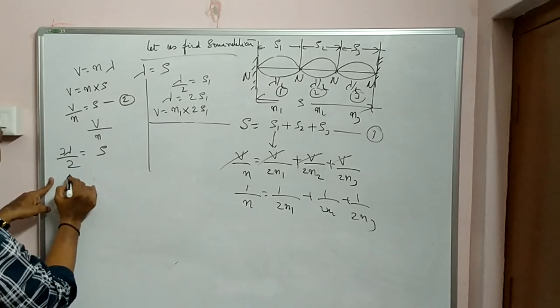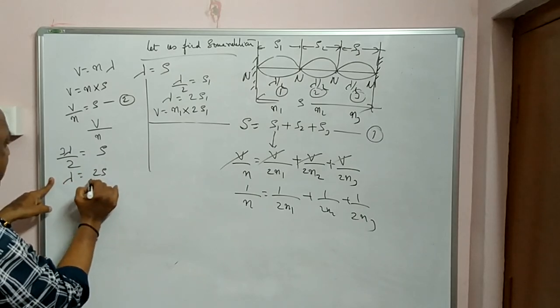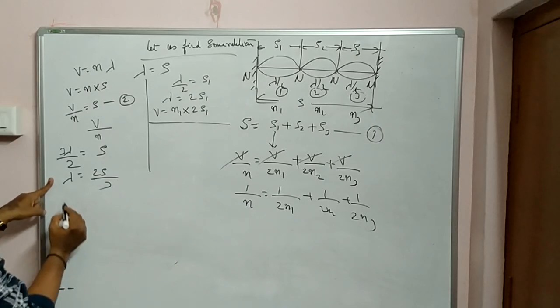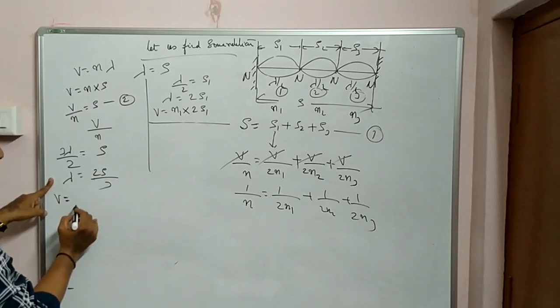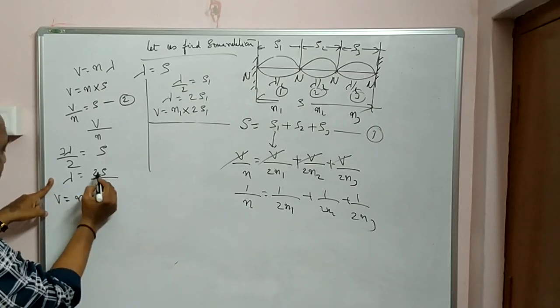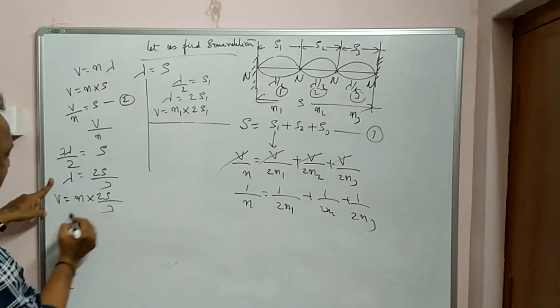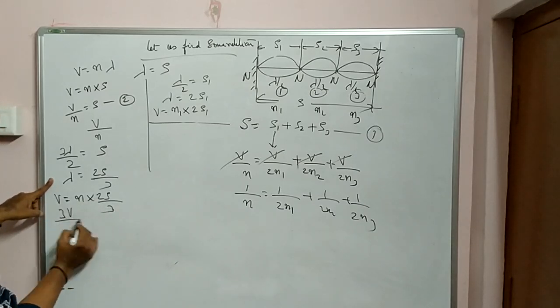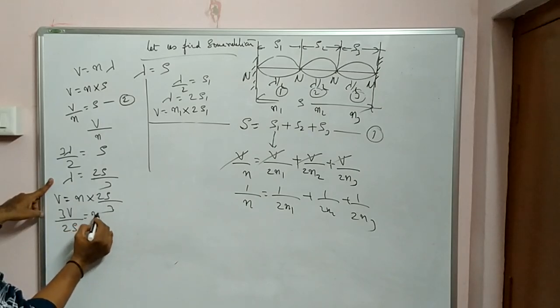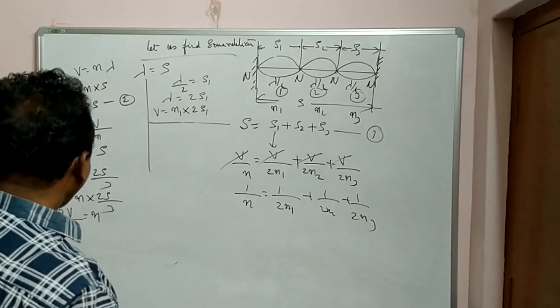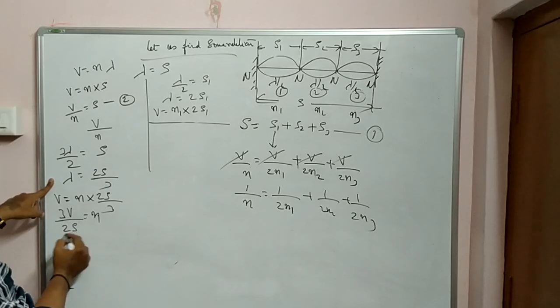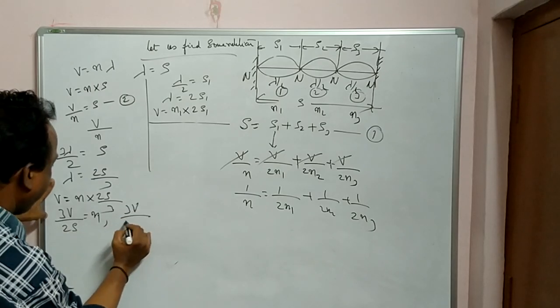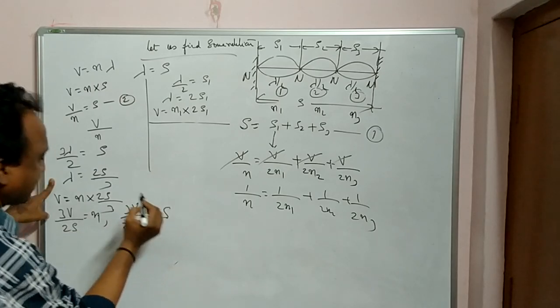So from this, what is lambda? 2S by 3. So V is equal to n lambda, n into 2S by 3. Or 3V by 2S is equal to n. Or you can take it like this, 3V by 2n is equal to S.